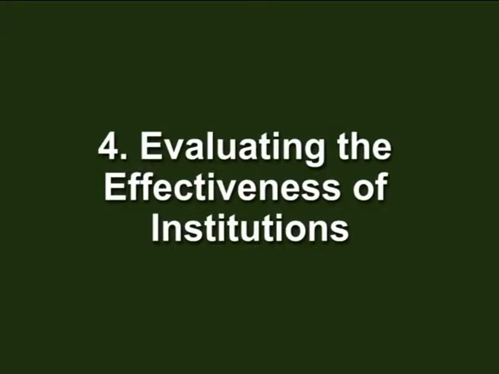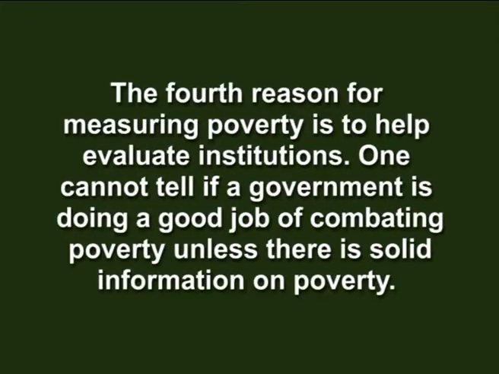Finally, evaluating the effectiveness of institutions. The fourth reason for measuring poverty is to help evaluate institutions. One cannot tell if a government is doing a good job of combating poverty unless there is solid information on poverty.